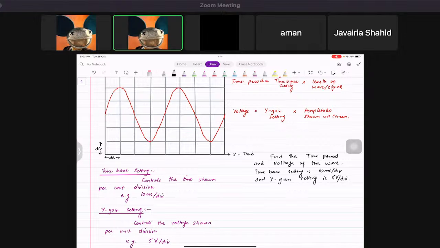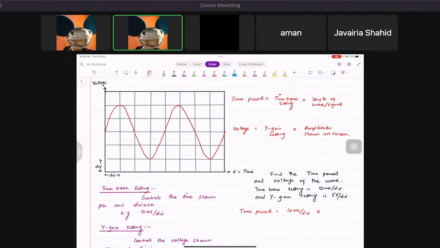So what you want to do is, first of all, to find the time period, I'm going to write time period is equal to the time base setting, 10 milliseconds per division, and now I have to multiply the length of the wave. So how do I find that? I could find this by looking at the crest. If it's a regular wave, like 1, 2, 3, 4, so there are 4 divisions.